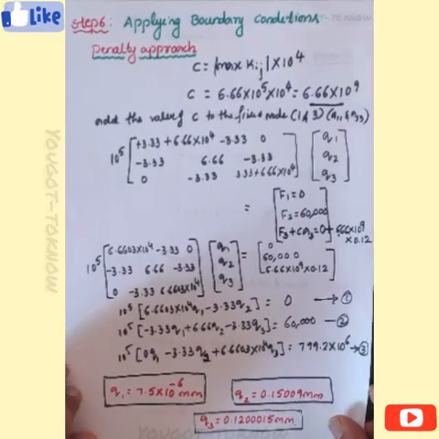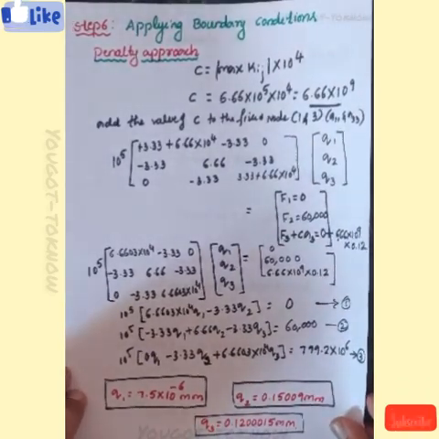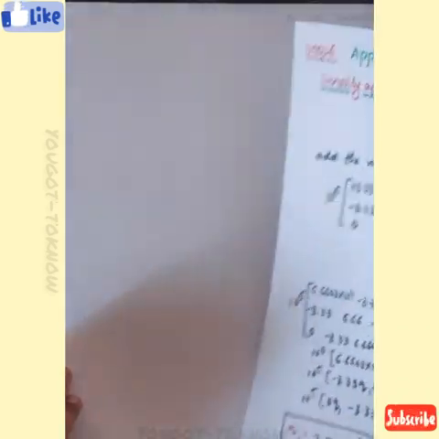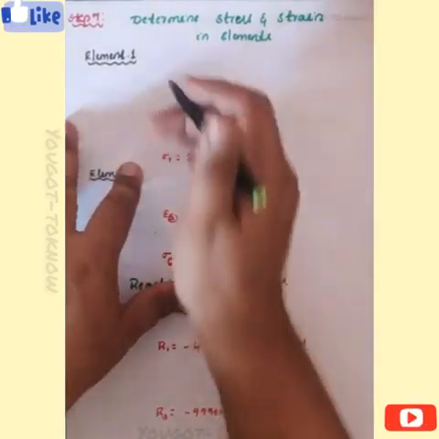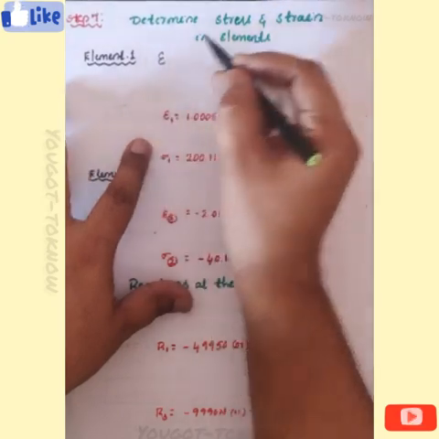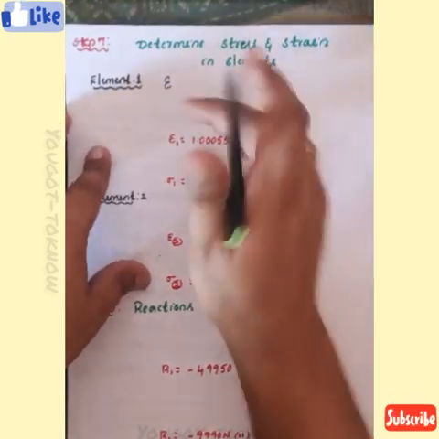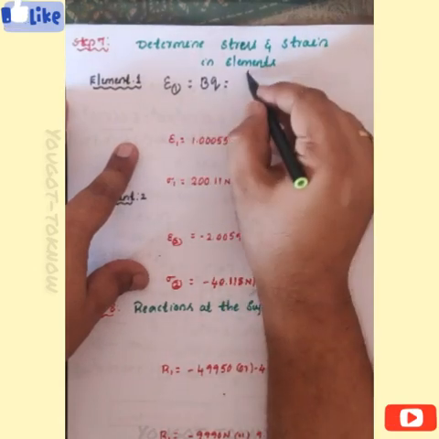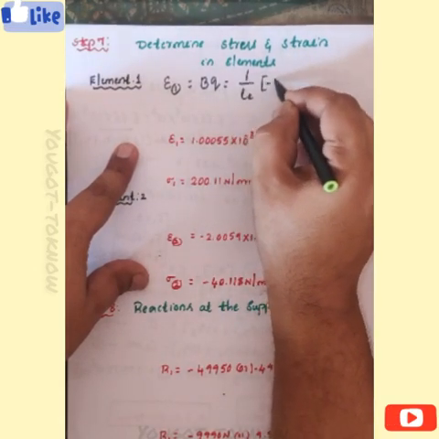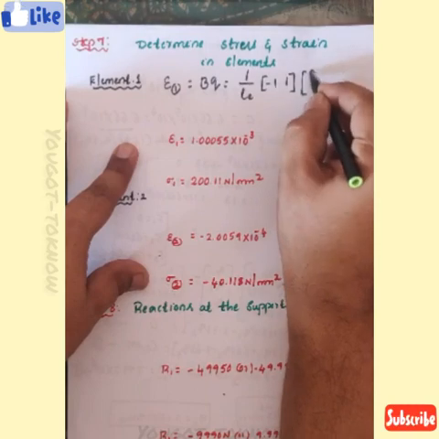Now after calculating your displacement, you repeat the same procedure for calculating stresses and strain. How to calculate stresses and strain? Take your concept: epsilon 1 is equal to B into Q. What is B into Q? 1 by LE, minus 1, 1, into Q1, Q2.